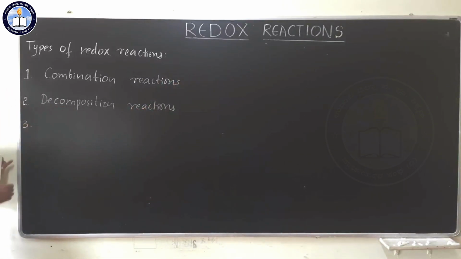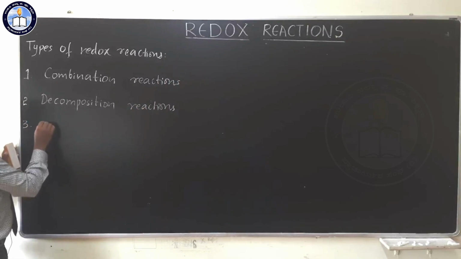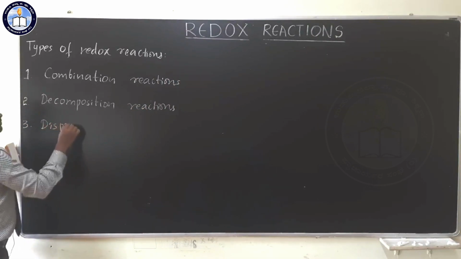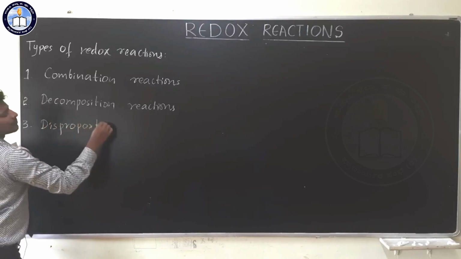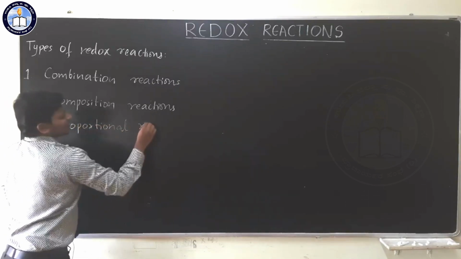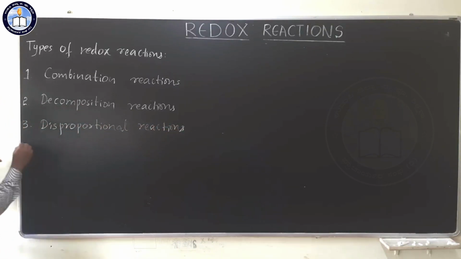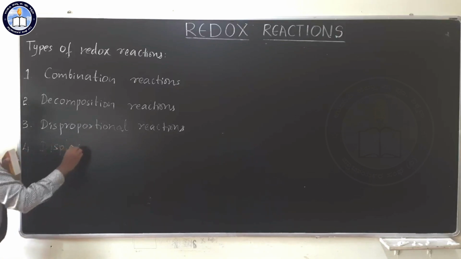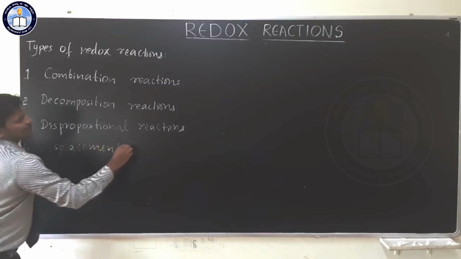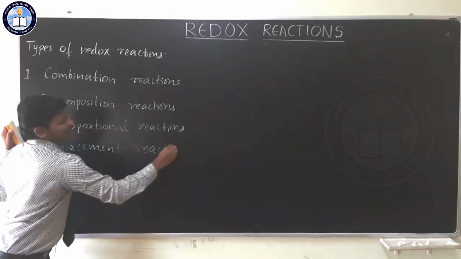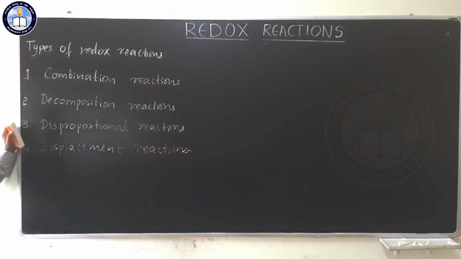Third one is known to be disproportionation reactions, as well as the fourth one is known to be displacement reaction. Four main types are there: combination, decomposition, disproportionation reaction, as well as displacement reaction.